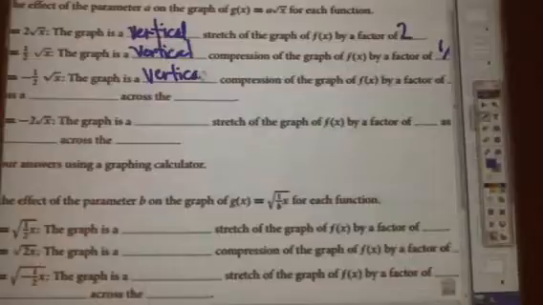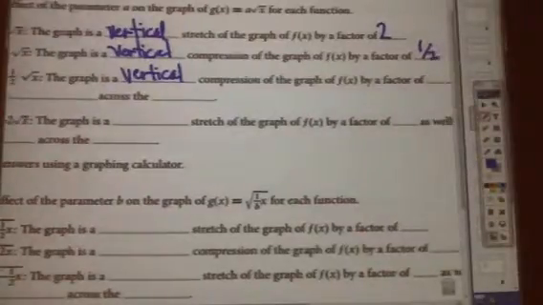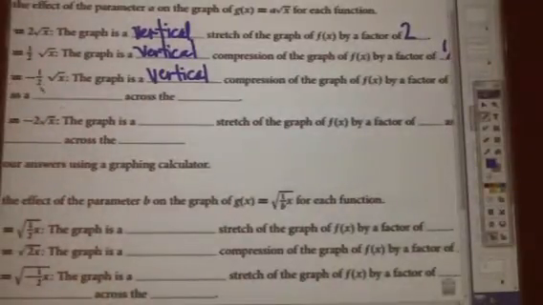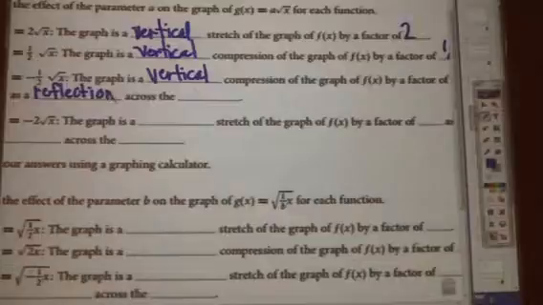Everything out in front of the square root is vertical. Vertical compression by a factor of 1/2. It is also a reflection across the x-axis.